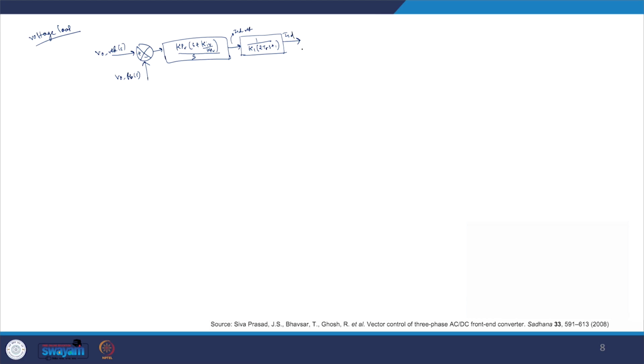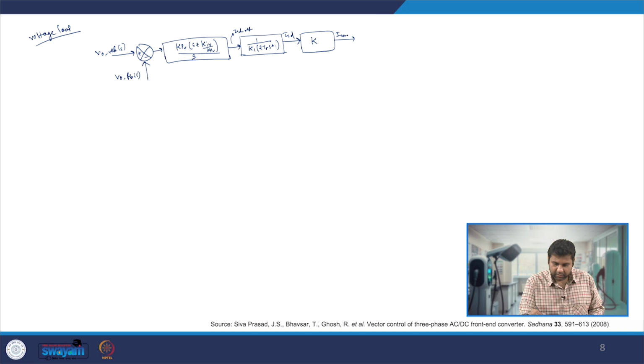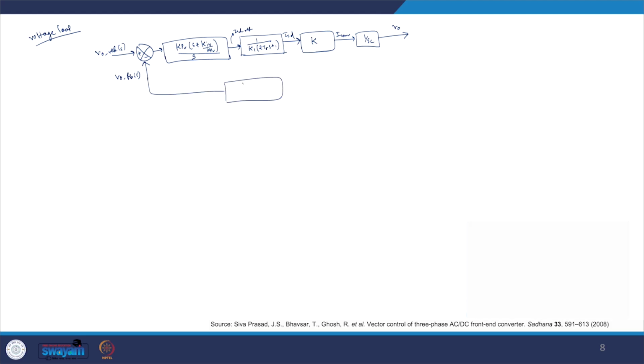Then this ISD goes to a gain block called K, and that gives the converter current, which goes through the capacitor having the impedance 1 by sC, which gives me the dynamics of the voltage. Then I have the outer voltage sensor, whose transfer function is taken in feedback.